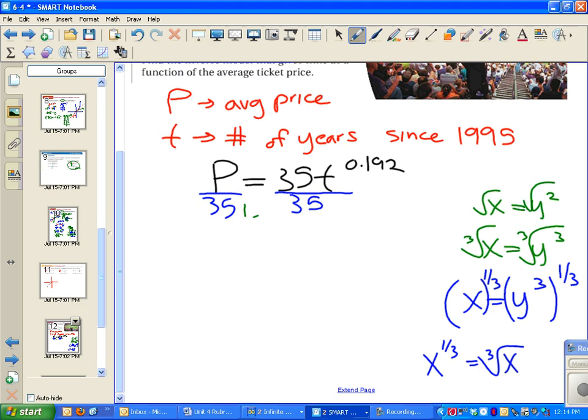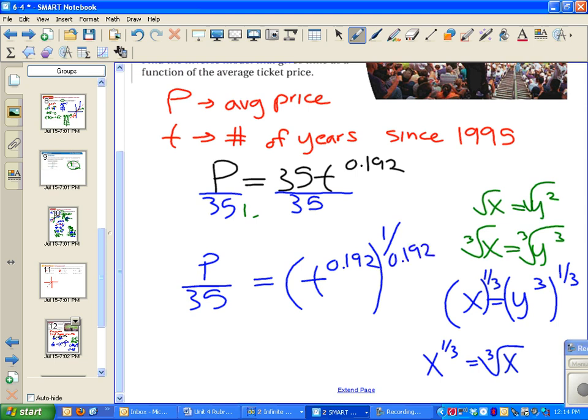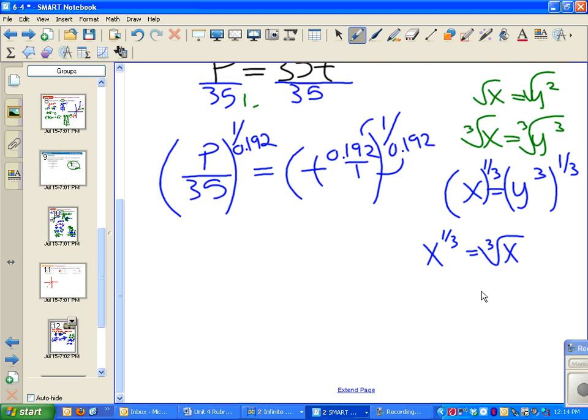So for this one, instead of taking the root, that's not going to help us very much, so we are going to raise this one up to the 1 over 0.192 power. Because when we multiply these exponents, we get 0.192 times 1 over 0.192, and that just leaves us alone with T.